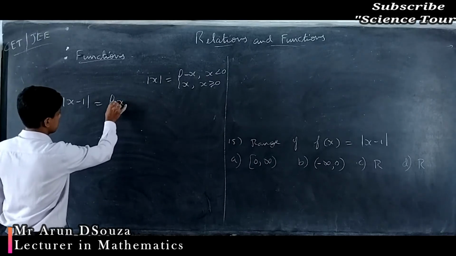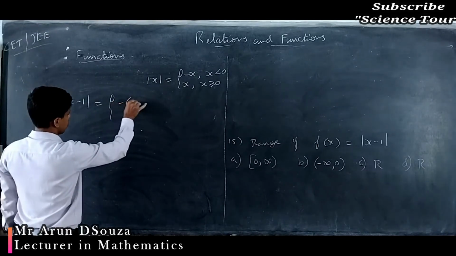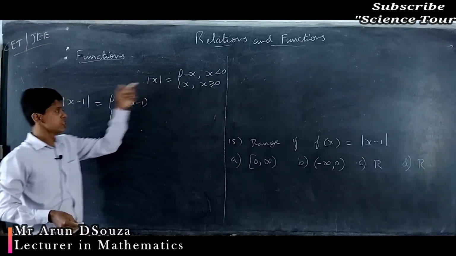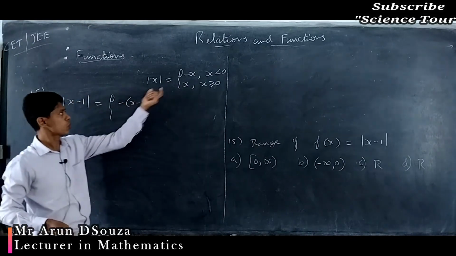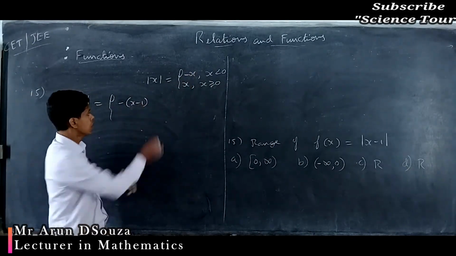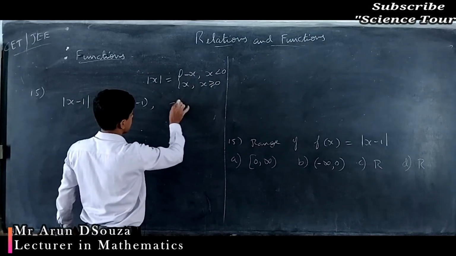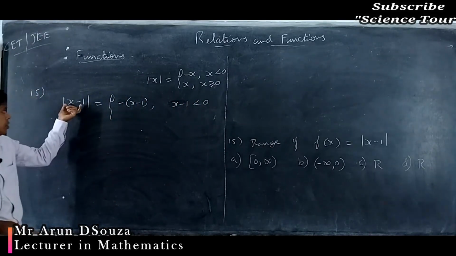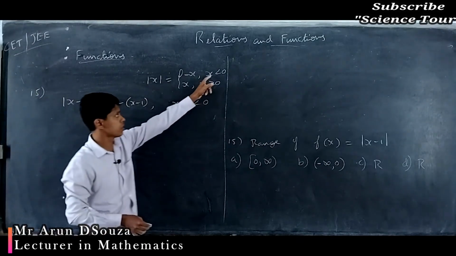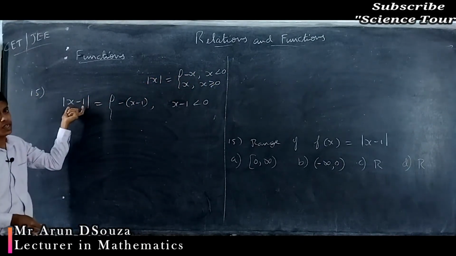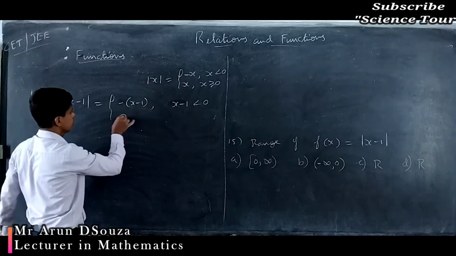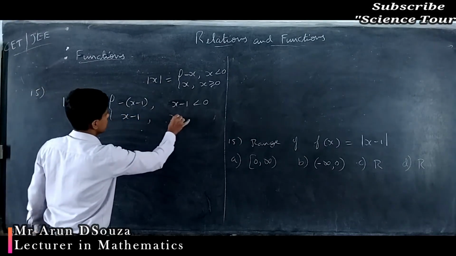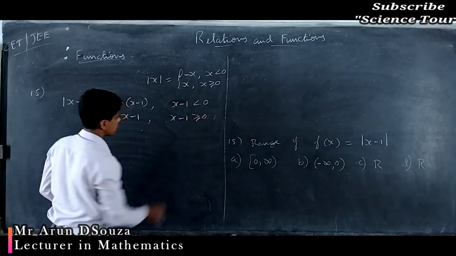This is minus of x minus 1, right? So in place of x I have x minus 1, so that's what I have written in place of x. If x minus 1 is less than 0, and similarly the next one, x minus 1 if x minus 1 is greater than or equal to 0.